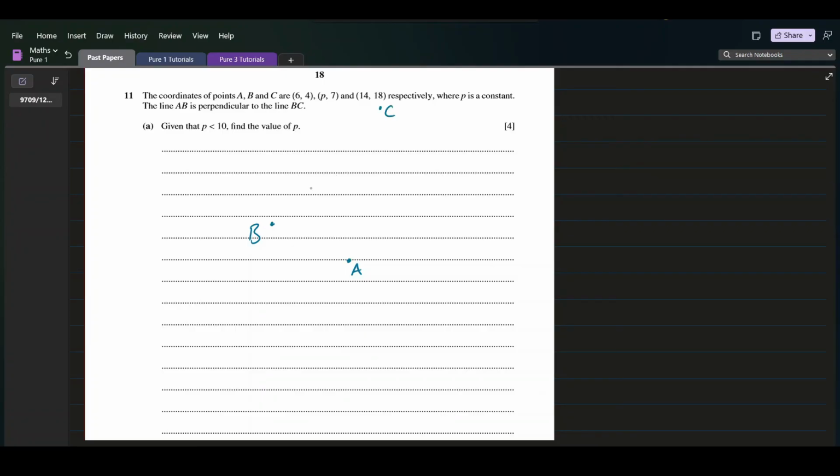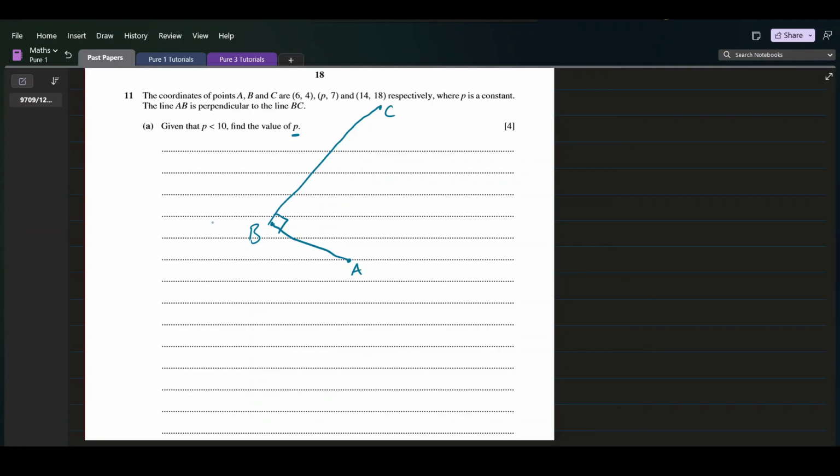That will be C. And we're told that BC is perpendicular to AB. So if we join the points A and B, and then the points B and C, these lines should be perpendicular. Now we have to find the value of p.